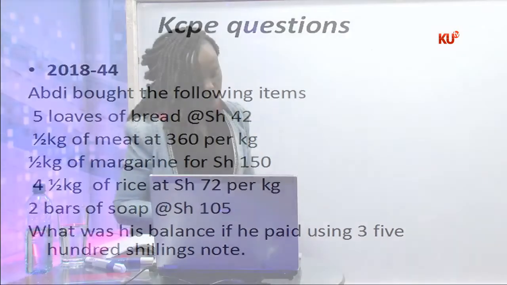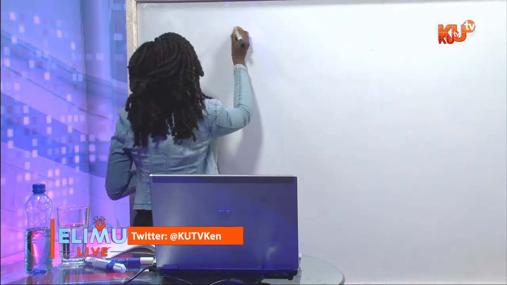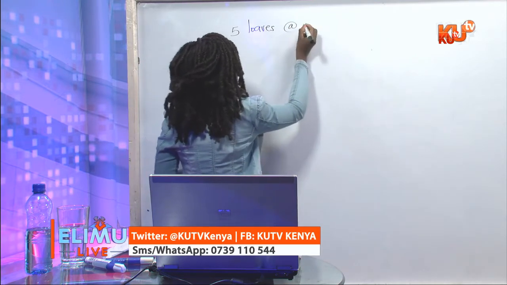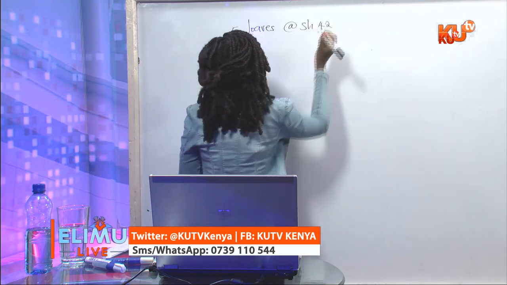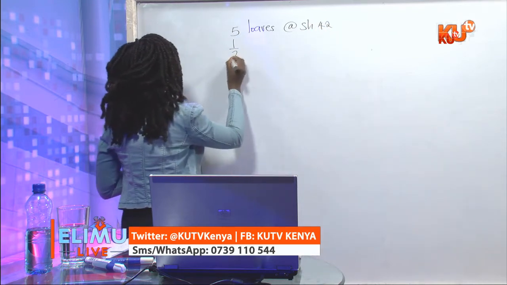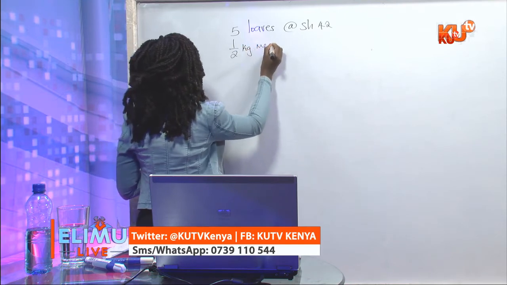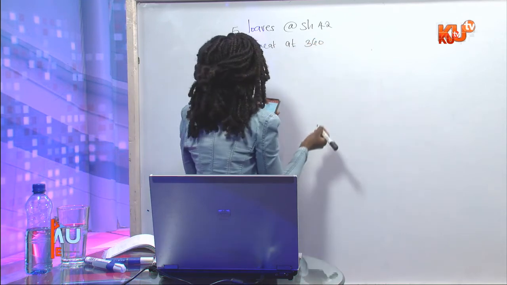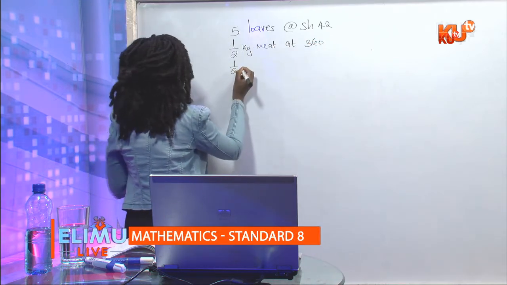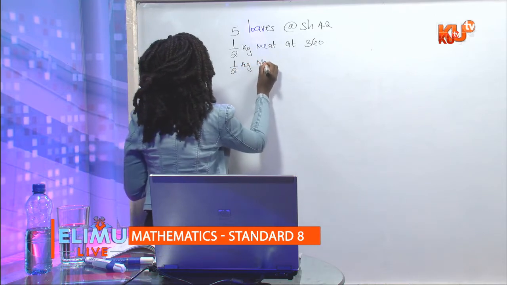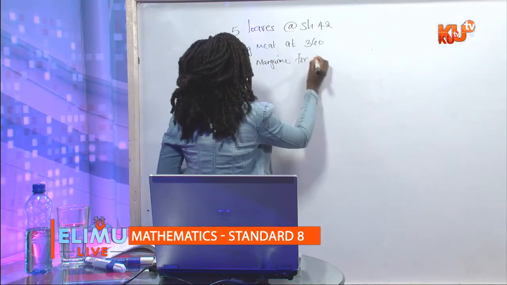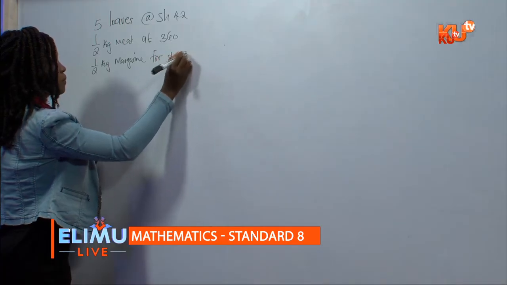The first thing is to prepare the bill. So 5 loaves of bread at 42 shillings. Then a half kg of meat at 360 shillings per kg. We have a half kg of margarine for 150 shillings.